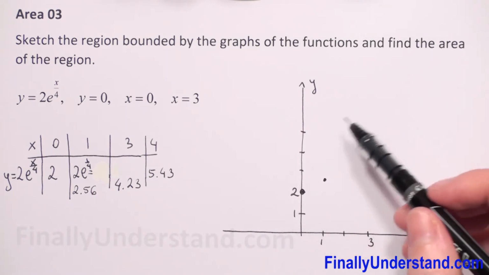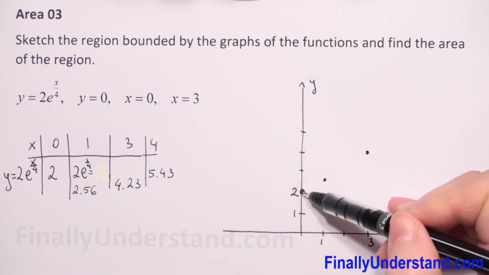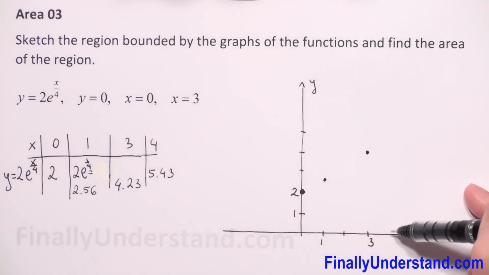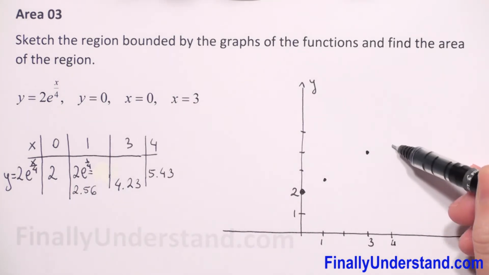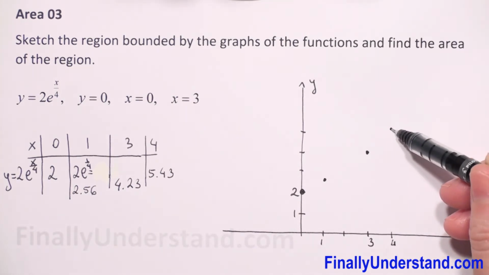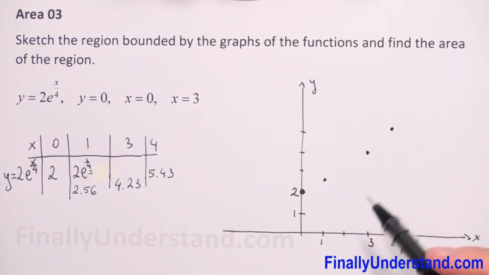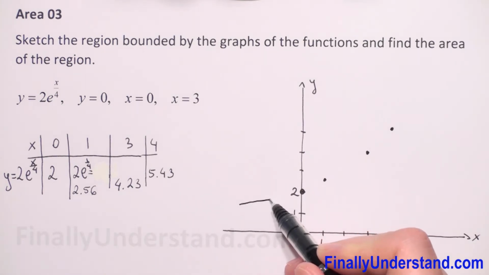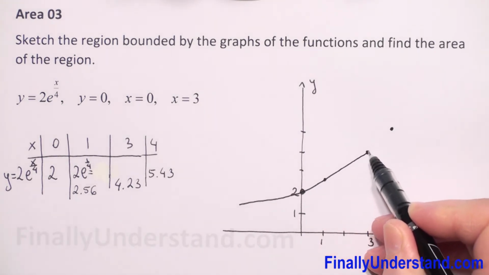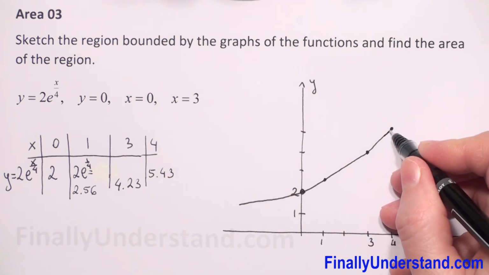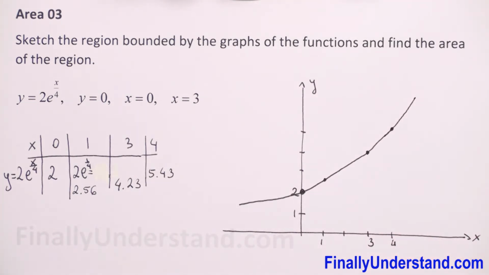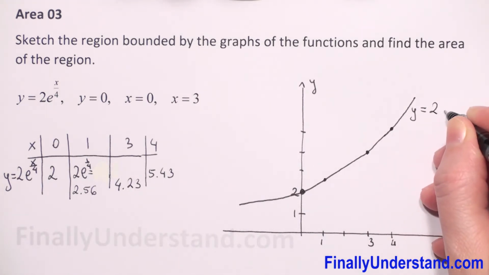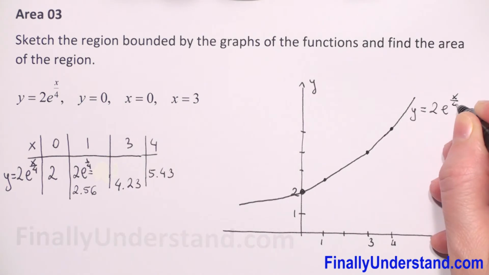And for 4, we have 5.43, so this is approximately our 4th point. We see that our graph is going up. This exponential function has base e greater than 1, so it's going up. This is our function y equals 2 times e to power x over 4.